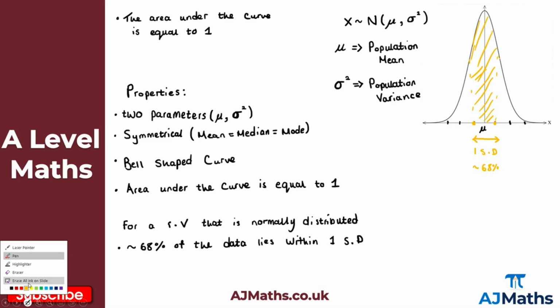Now let's do it in a different color. In fact, let me make the note first. For 2 standard deviations, we know that approximately 95% of the data lies within 2 standard deviations.